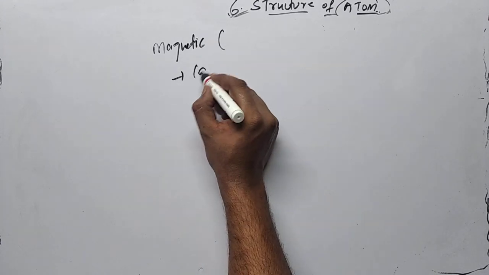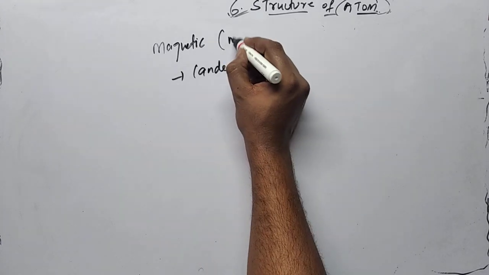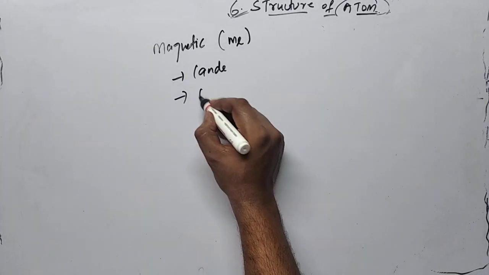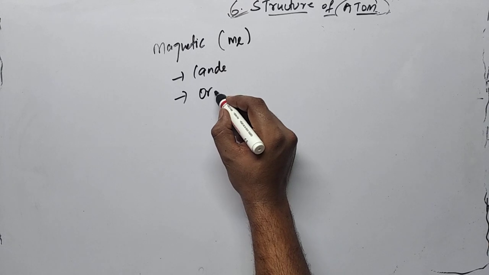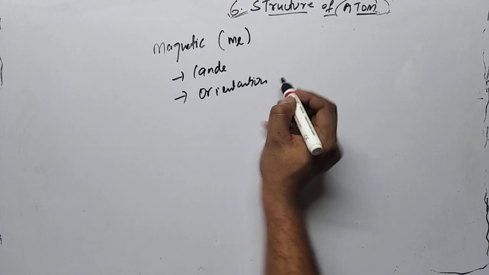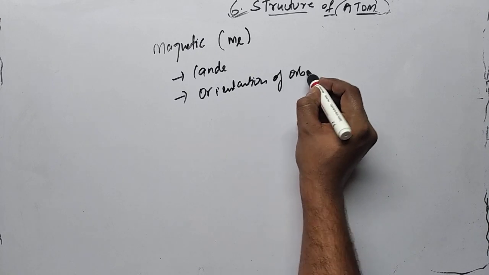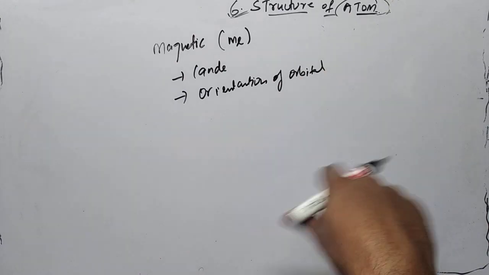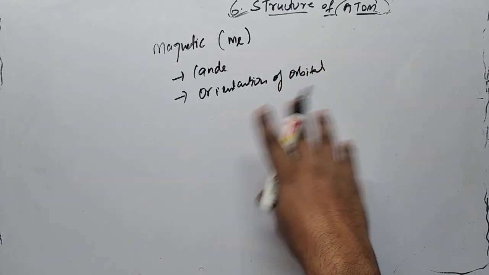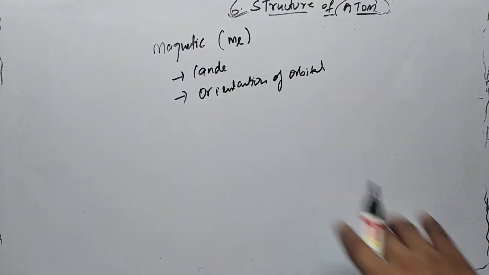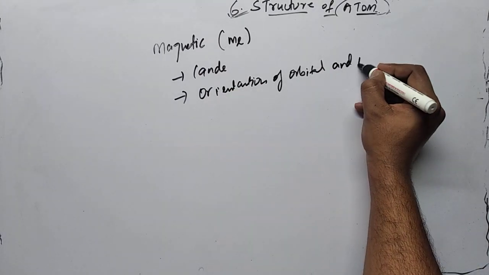First thing you have to write is proposed by Lande, and it is indicated with ml. It indicates the orientation of the orbitals in the space around the nucleus, and it also gives you the number of orbitals.